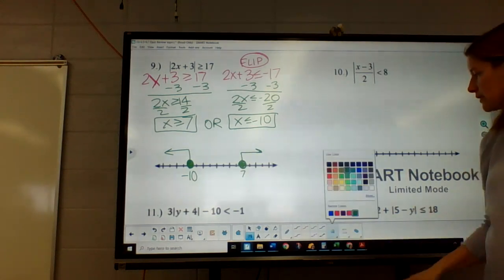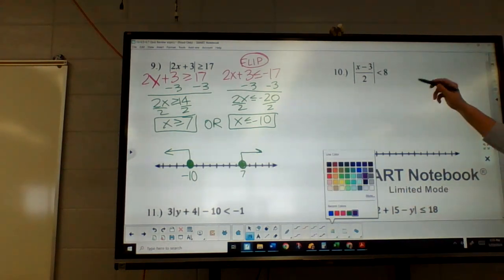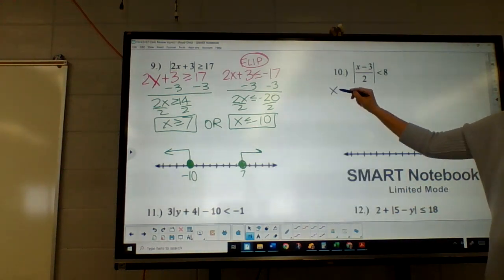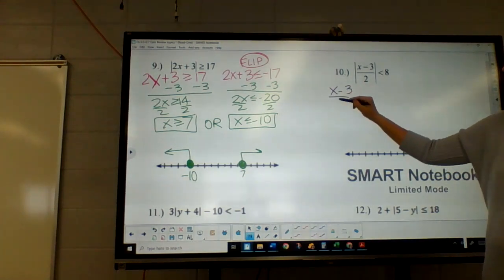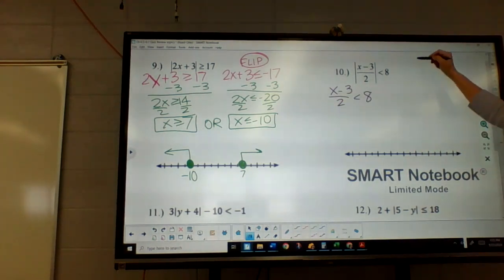We'll do this one, then we'll take a break here. So this one, we're going to set up our two equations. Again, the absolute value is already isolated.